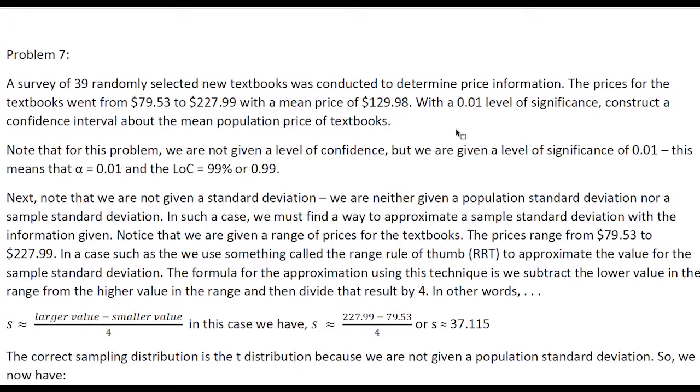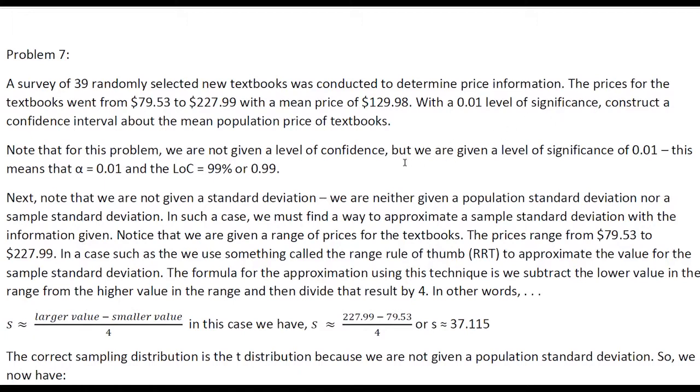Well, let's go over a few known things. For this problem, there is no level of confidence given. However, we are given a level of significance. Well, the level of significance is the complement of my level of confidence.